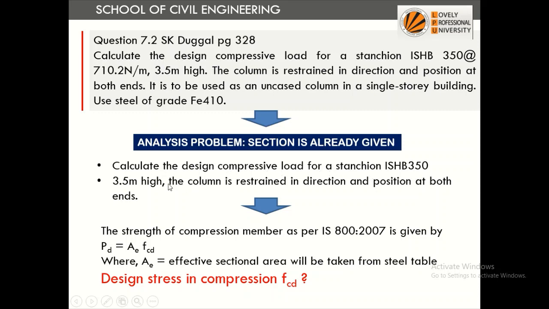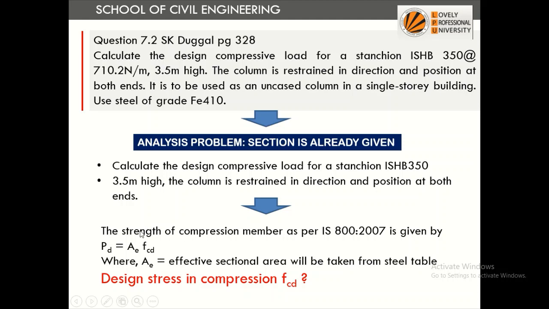Now this is a very important line, as we have already seen that FCD depends upon the geometry, that is KL by r. So this data is essential to calculate the value of KL. So 3.5 meter height, the column is restrained in both directions, right? So this is an important line for finding the value of KL.